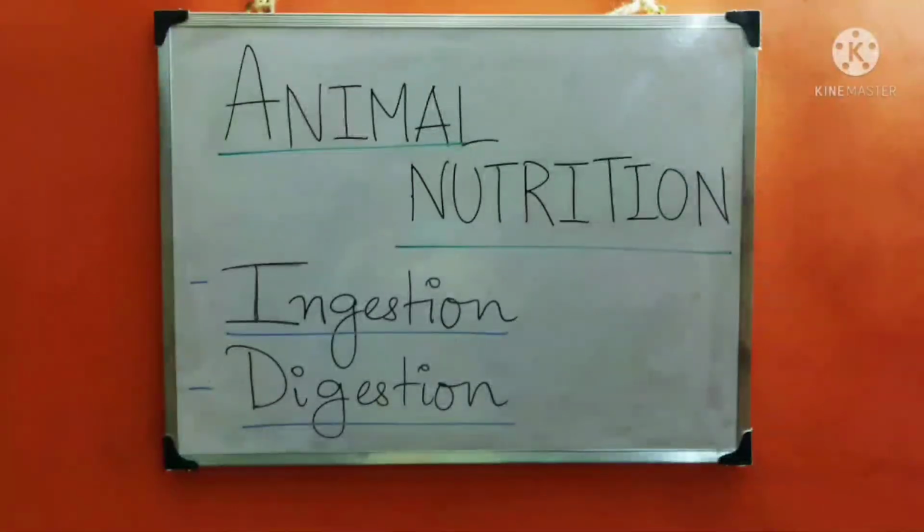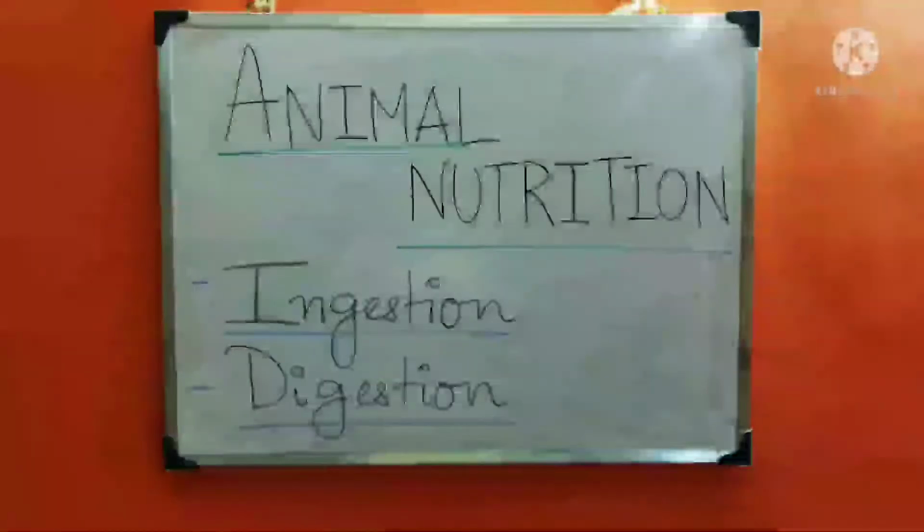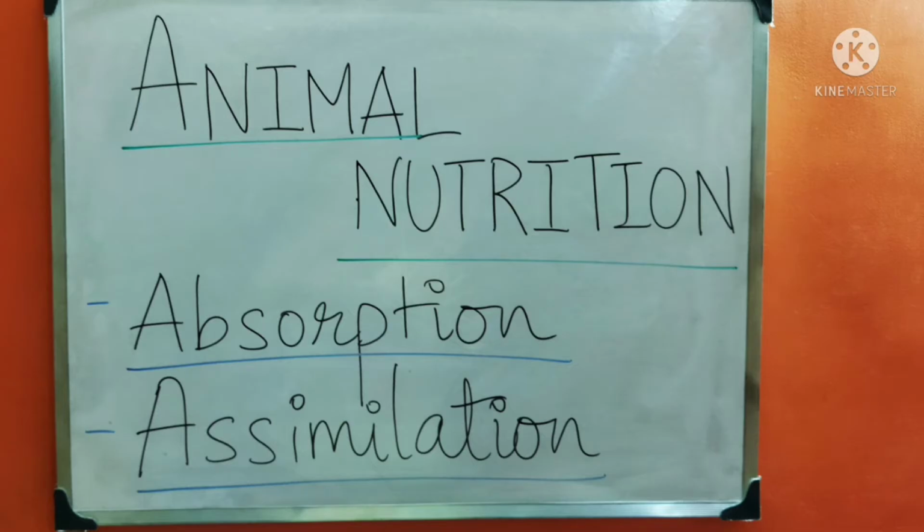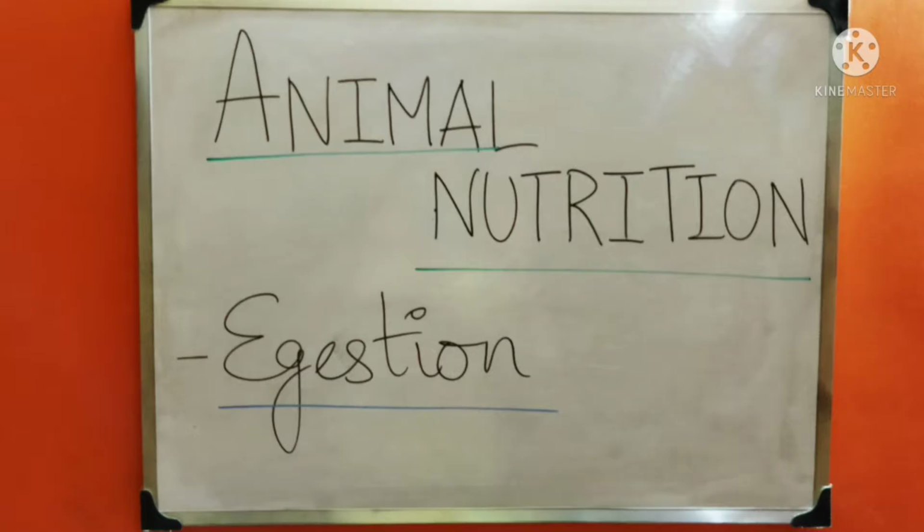The 5 basic steps of animal nutrition are: ingestion, digestion, then absorption, assimilation, and finally egestion.